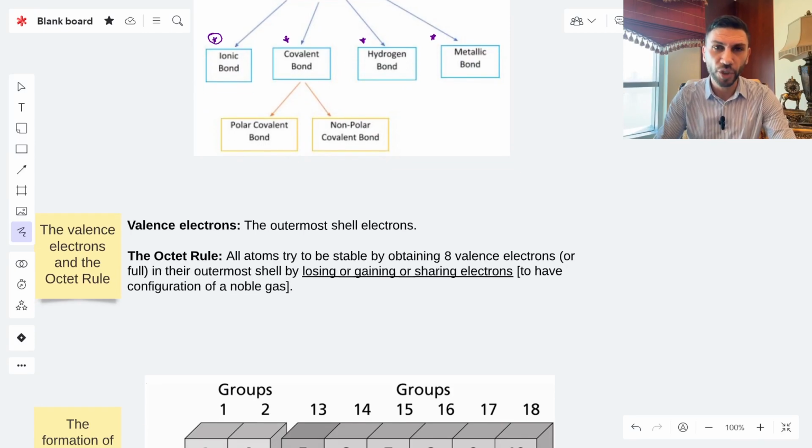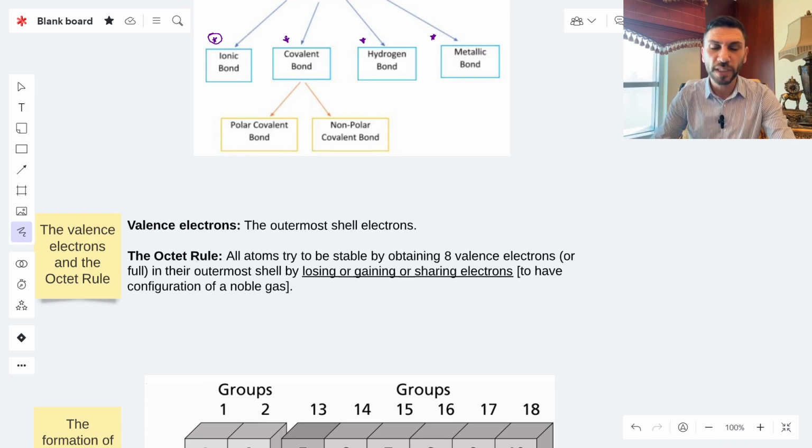Before we start the formation of the ions, we need to revise the valence electrons and the octet rule. So guys, I recommend you go and watch the videos about the electron configuration, because we studied the valence electrons in detail. The valence electrons are the outermost shell electrons.